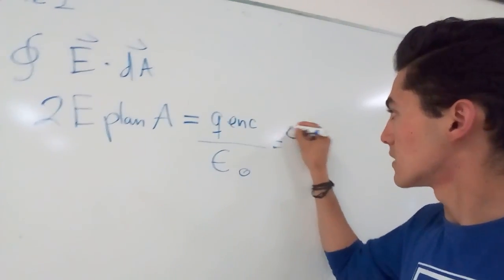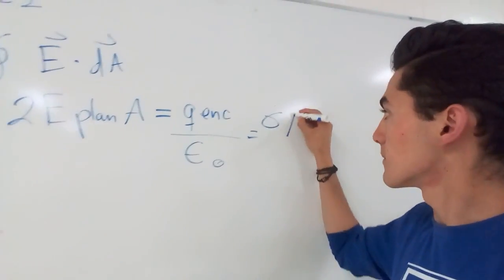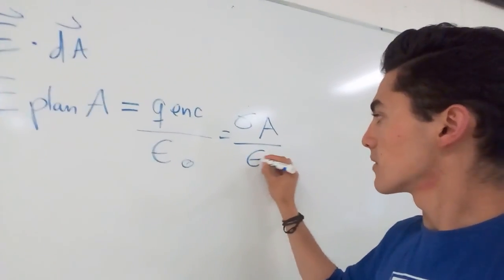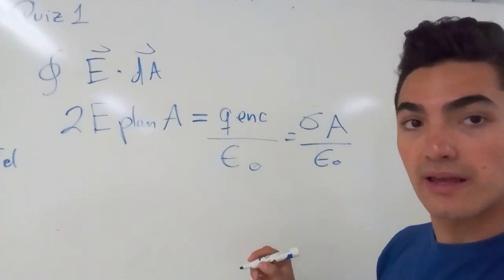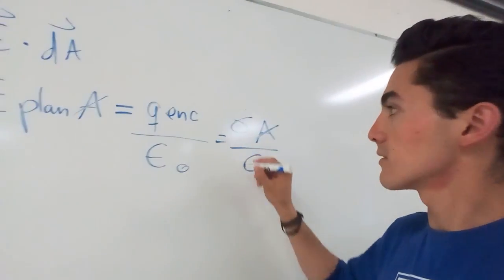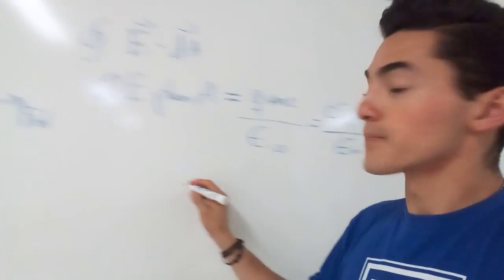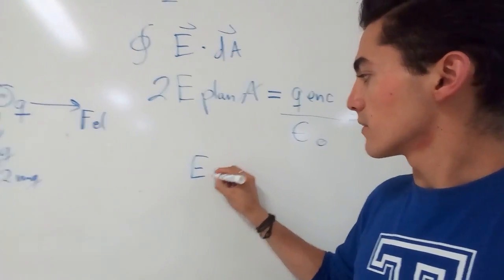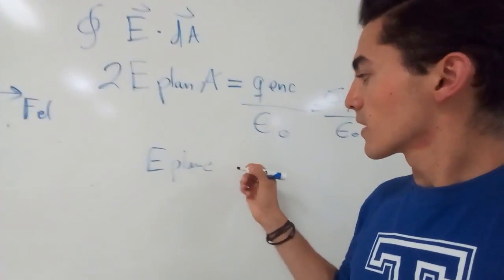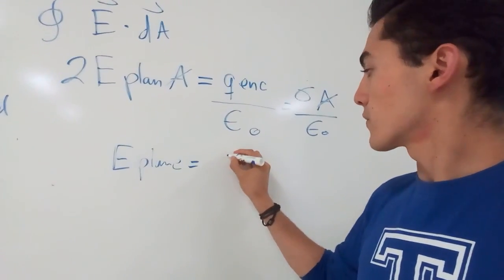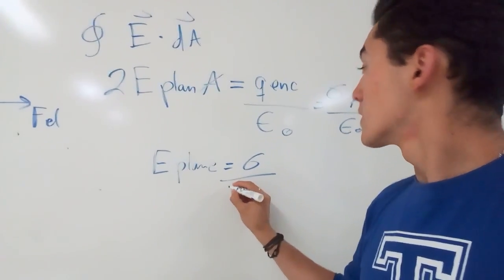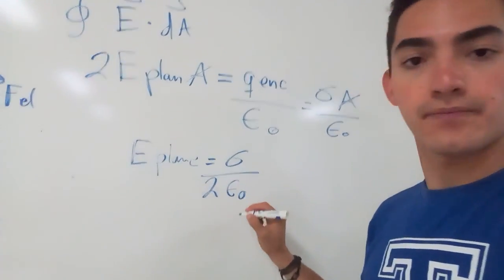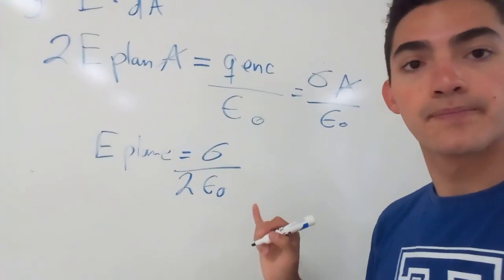So it's equal to our linear density times our area over our constant. So as we can see, our areas cancel, and we will obtain that our electric field of the plane will be equal to our density over 2 times our constant.